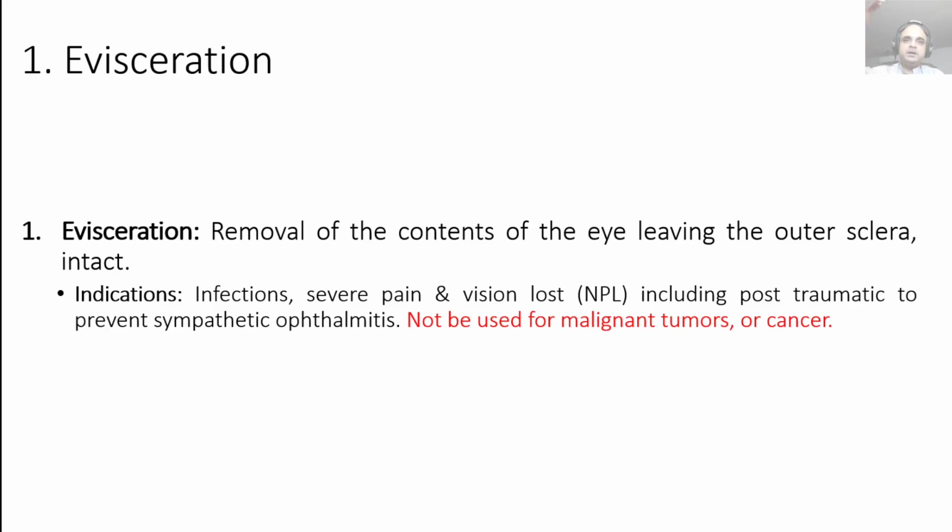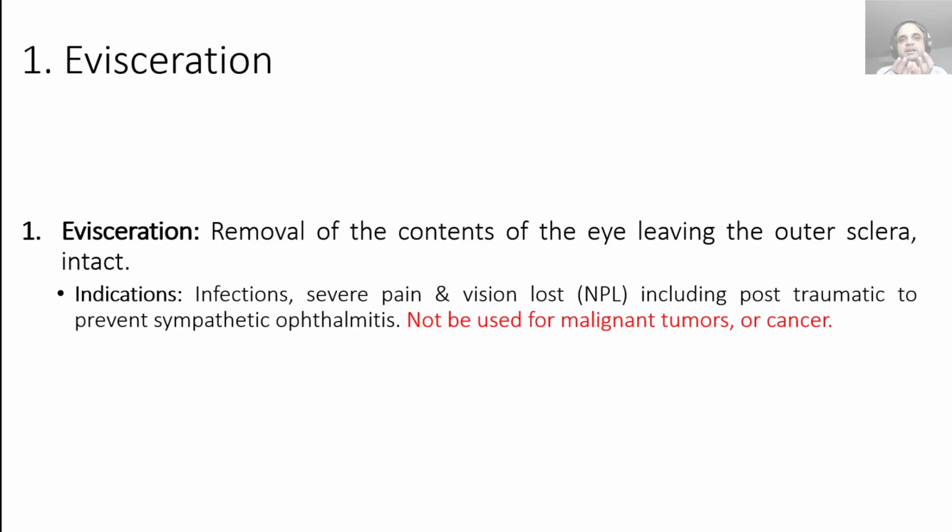You take a scoop, clean everything from within the eye. Remember, it's the choroidal antigens that we are worried about. So you take a scoop and remove all of the choroid from inside, leaving just the scleral shell. Obviously, the lens and everything else is going to come out, including the retina. So the only thing left is the scleral shell and nothing else.